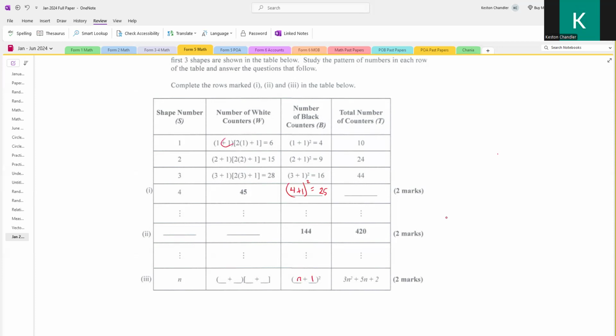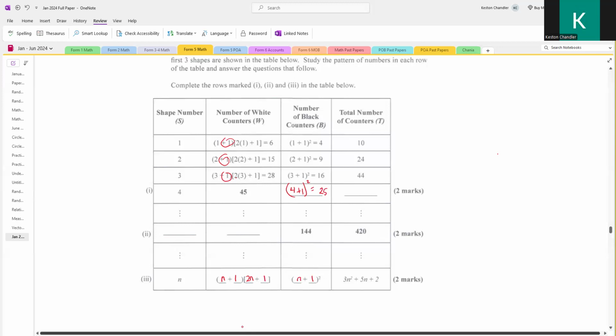Look at what's being constant. And then there's always 2 multiplied by the n. So n plus 1: 3 plus 1, 2 plus 1, 1 plus 1. So it's n plus 1. Then we're going to have here 2n, because we do 2 by 3, 2 by 2, 2 by 1, plus 1. See that? Everybody see now? Give me a thumbs up if you see now.